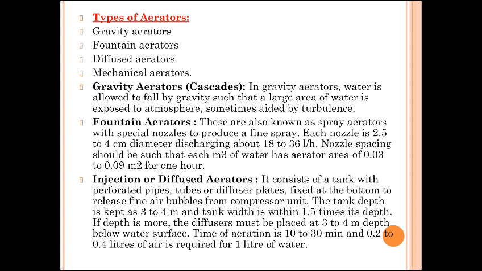The tank depth is kept at 3 to 4 meters and tank width is kept at 1.5 times its depth. If the depth is more, the diffuser must be placed at 3 to 4 meters depth below the water surface. The time of aeration is 10 to 30 minutes, and 0.2 to 0.4 liters of air is required for 1 liter of water.